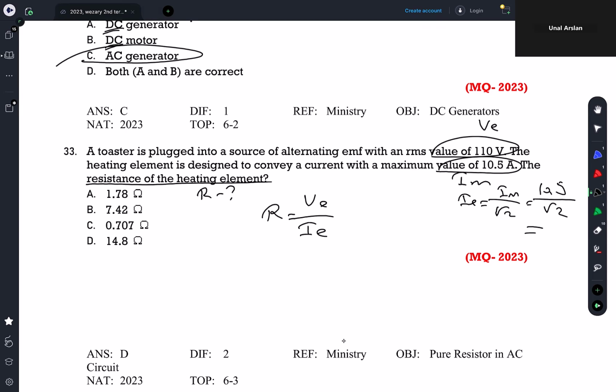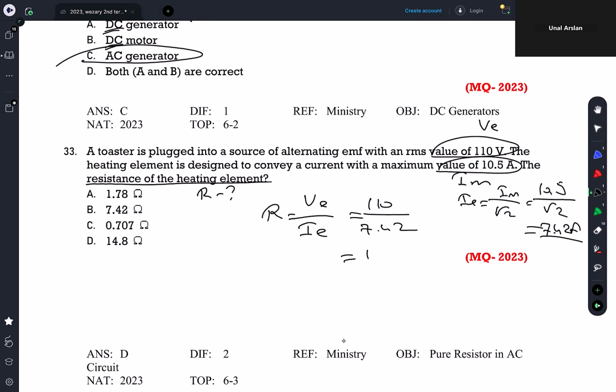So 10.5 divided by root of 2. This is 7.42 ampere. Then use Ohm's law. V effective is 110 divided by I effective 7.42.